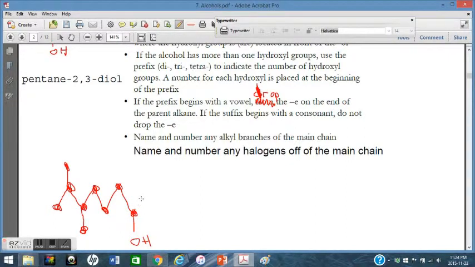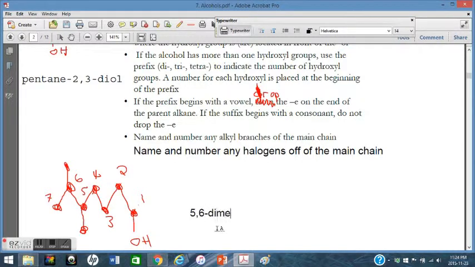And so in terms of naming this thing, and here's where you should pause it and try on your own. Number it off.